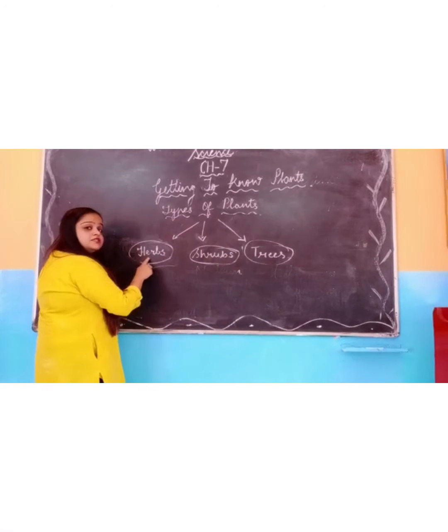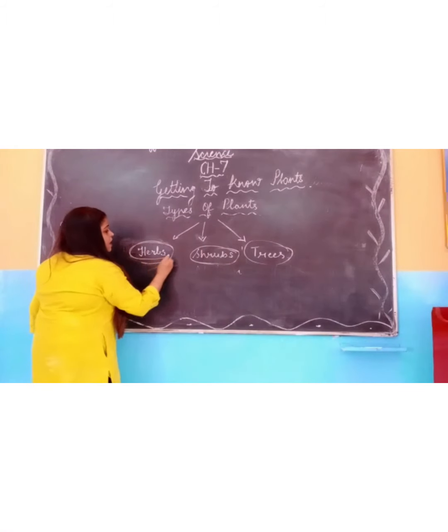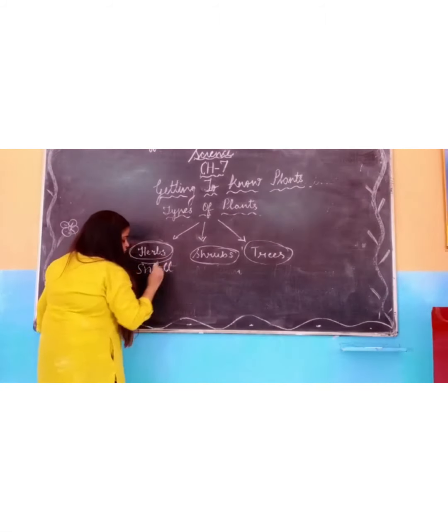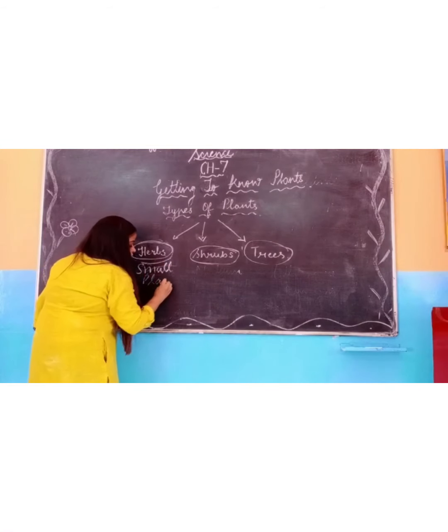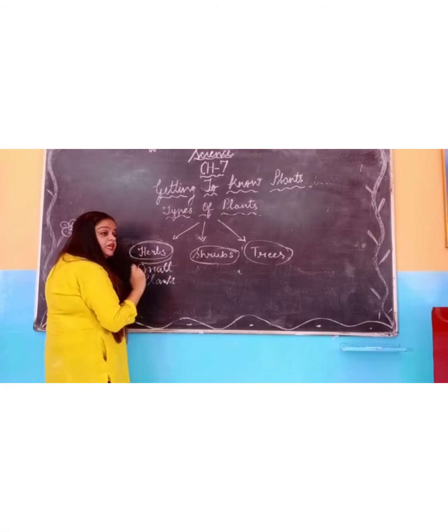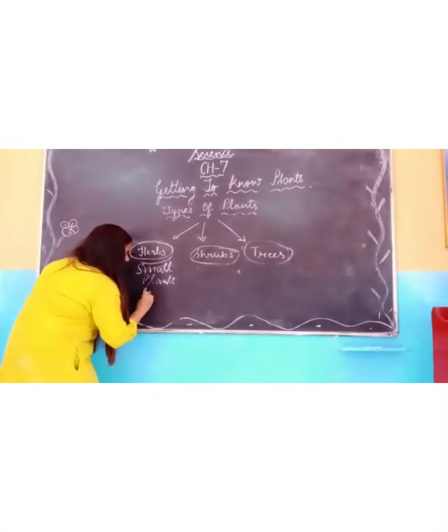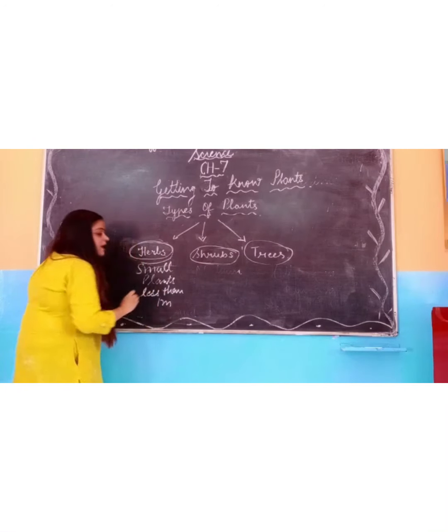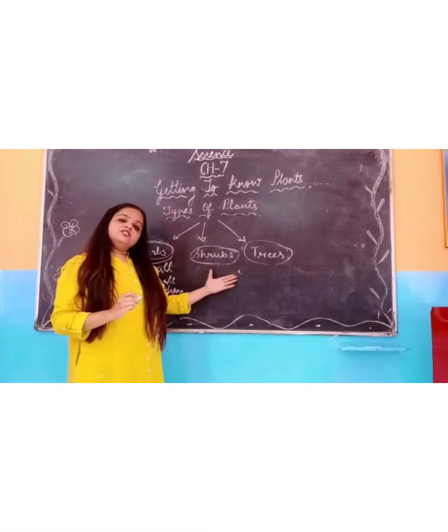Number 1 is herbs. Herbs are very small plants, whose heights are usually less than 1 meter. And the next is shrubs.